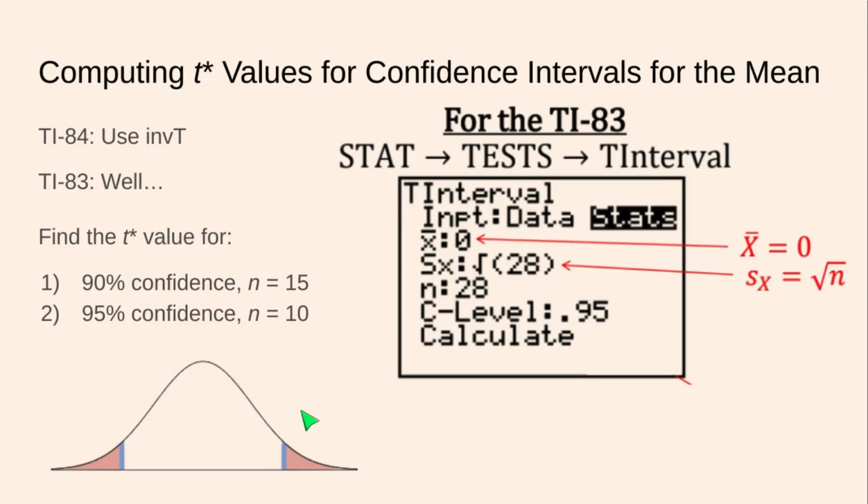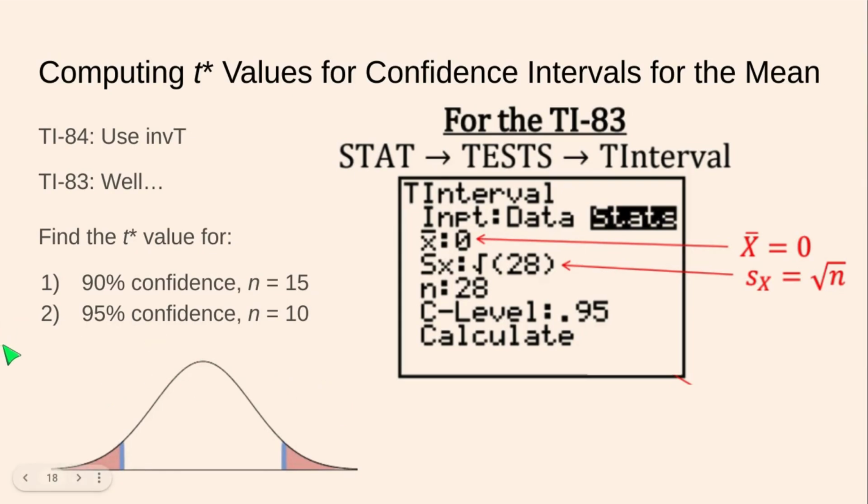So now what I want to do is say, okay, if I am using inverse T, that starts at the far left down here, and we chomp, chomp, chomp area until we are done, okay? So if I have 90% confidence, that's 90% in the middle, and I have my remaining 10% split between the two sides, that means I'm gonna have 5% over here, 90% in the middle, and 5% over there.